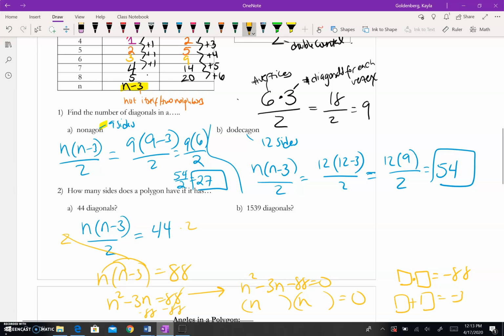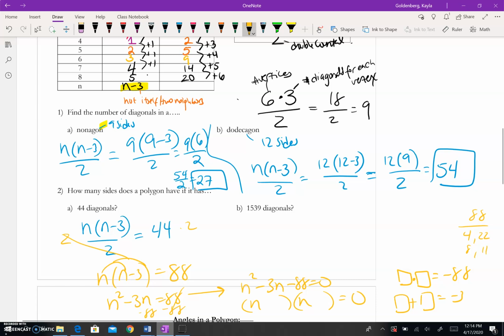So let's try some stuff on our calculator. I'm just going to do 88 divided by 4. So I'm just getting some factors of 88. So like 4 and 22. And those multiply to be 88, but they're too far apart to be equal to negative 3. So what if I do 88 divided by 8? 8 and 11 make 88, and those are 3 apart.